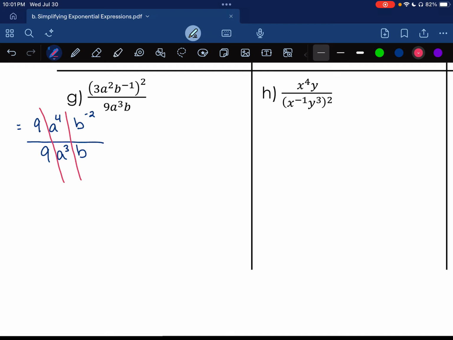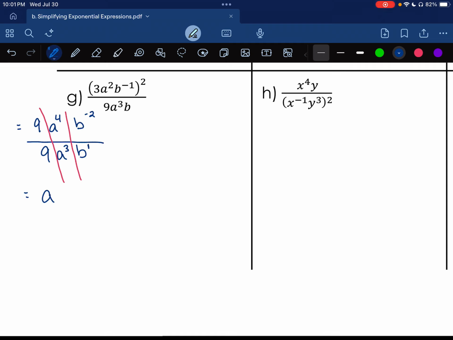And then b squared over b to that invisible first part will be b to the negative 3rd. And so this will become a over b cubed.